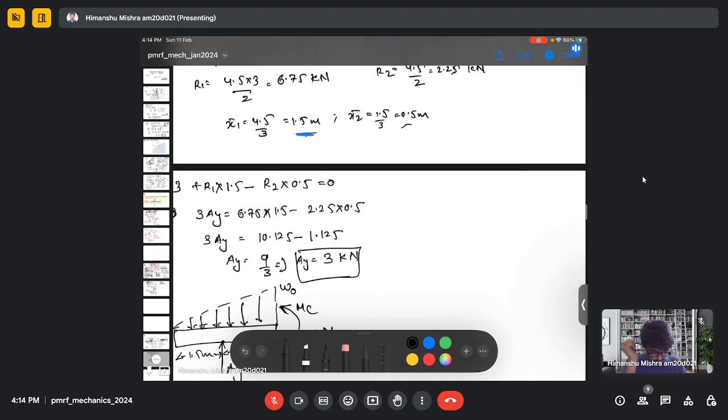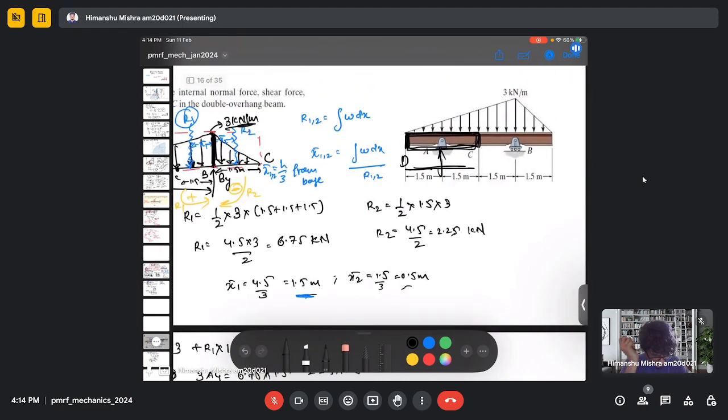Now we need to find W naught. So again, by law of triangle, we need to find this W naught.